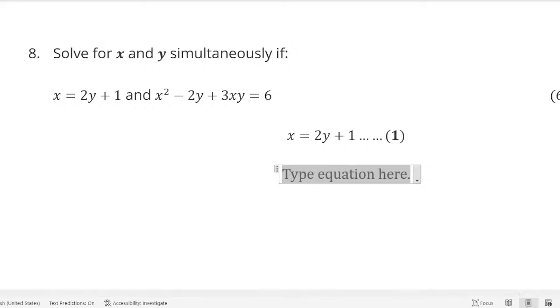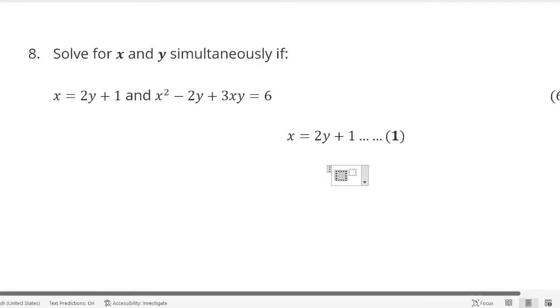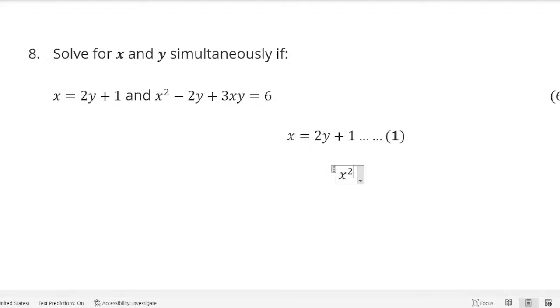So x squared minus 2y plus 3xy is equal to 6.